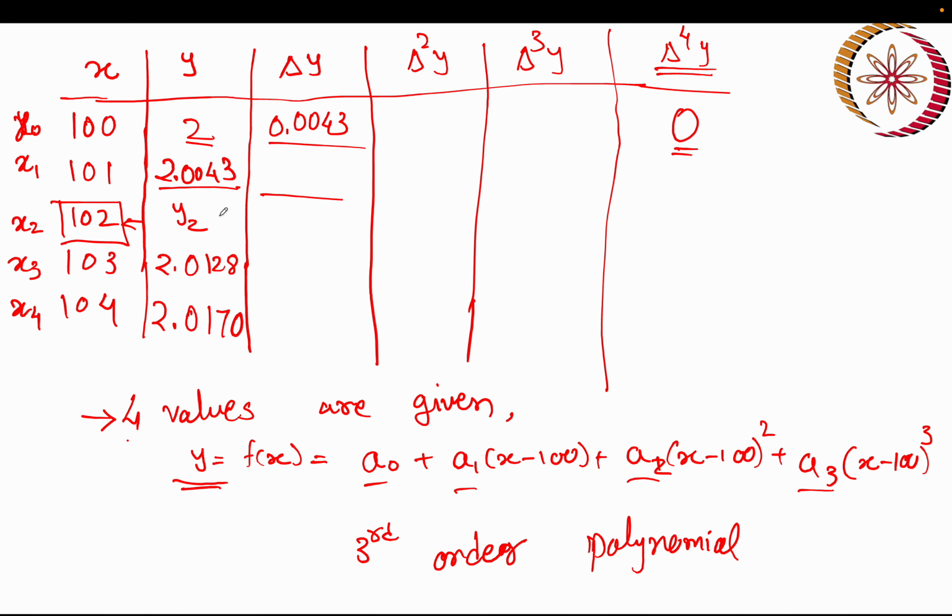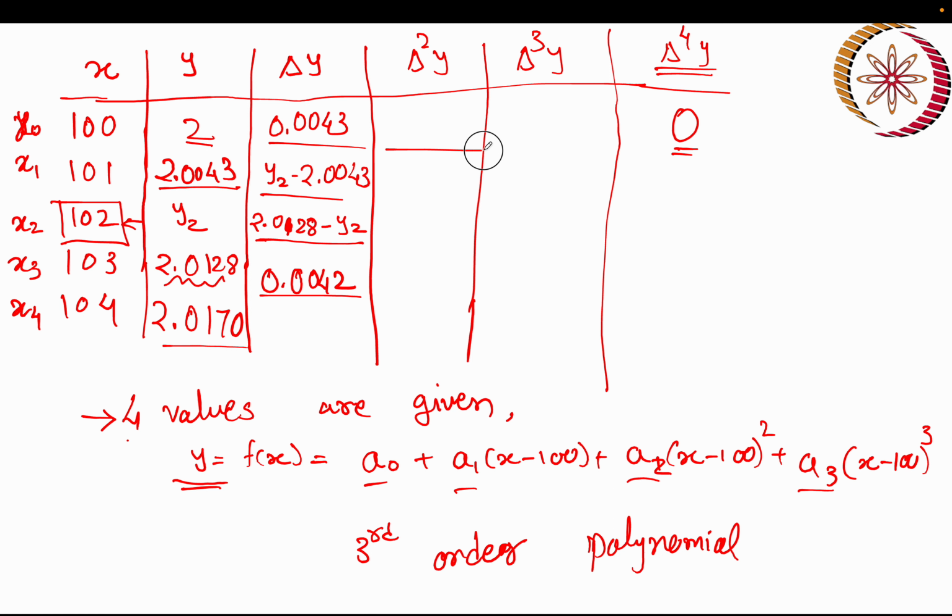Next we are supposed to subtract this 2.0043 from y2. It will be y2 minus 2.0043. For the next term we have to subtract 0.0128 from y2, and the next term we'll get by subtracting this term from this, which will be 0.0042.